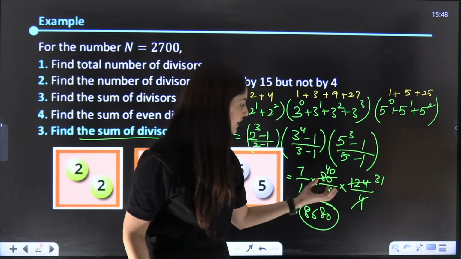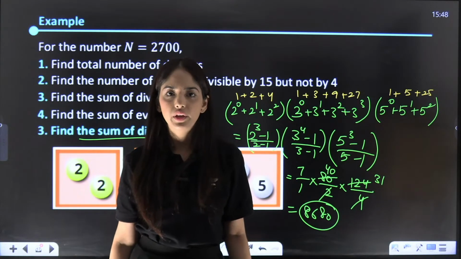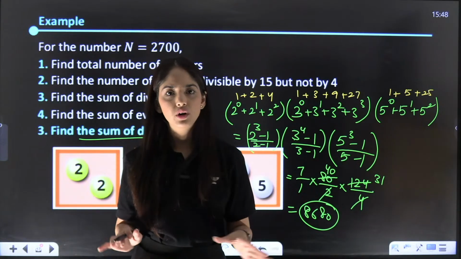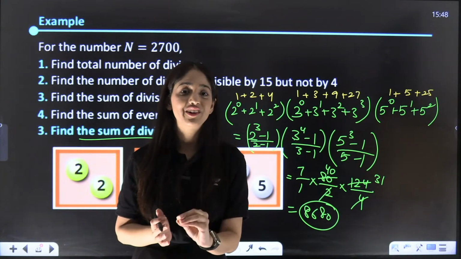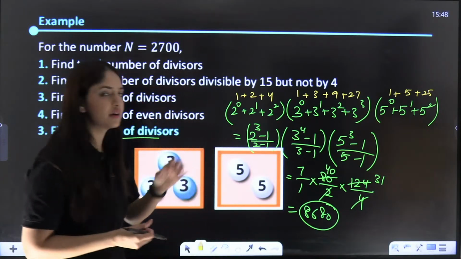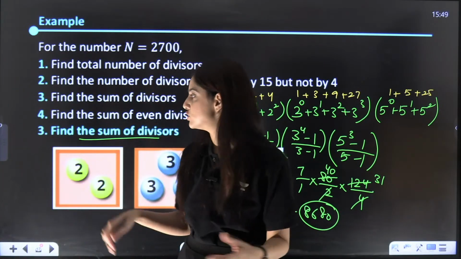And we will get the same answers, the same final solution. Okay, just a different method. It depends on you, whichever you find more comfortable, whichever can make sure that you get the right answer and you don't make a mistake. Alright, so this is how you calculate the sum of all possible divisors of any natural number.